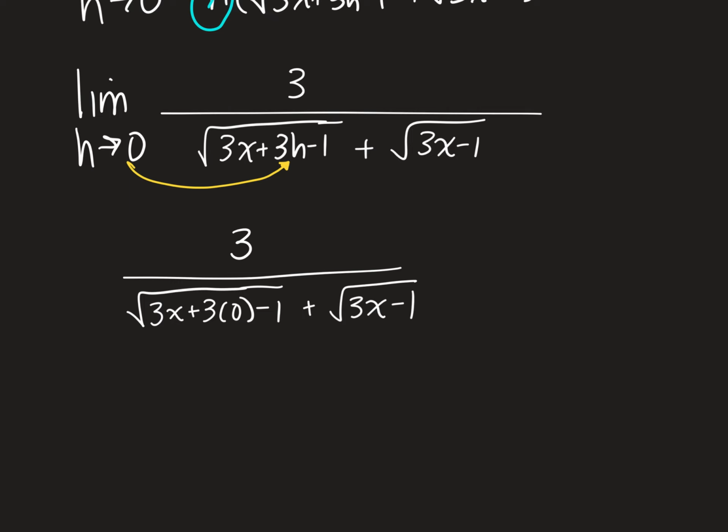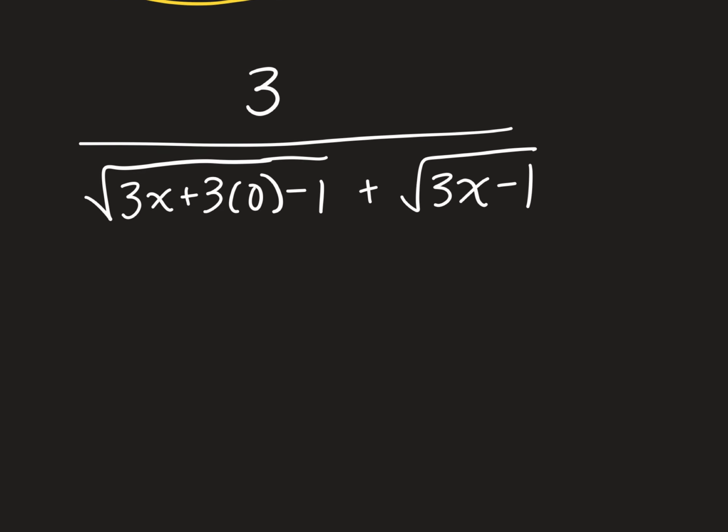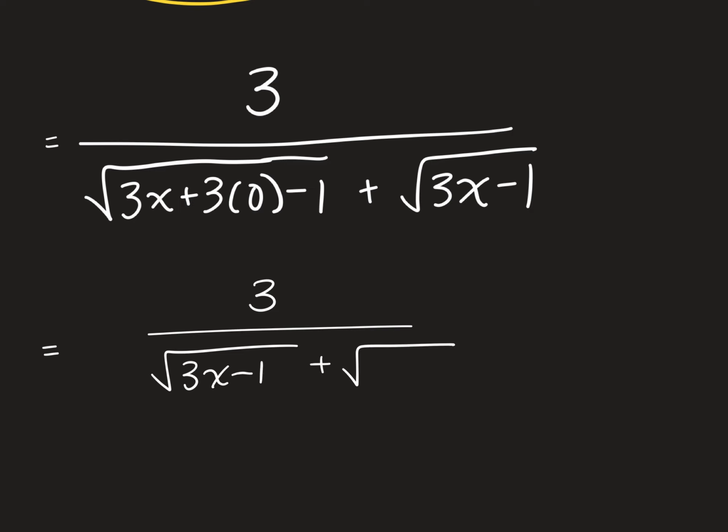So 3 times 0, that's just 0. So what we really have here is 3 over the square root of 3x minus 1 plus the square root of 3x minus 1. Now, if you get to this point, that's awesome. If you wanted to stop here and write your answer like this, I have no problem with that.